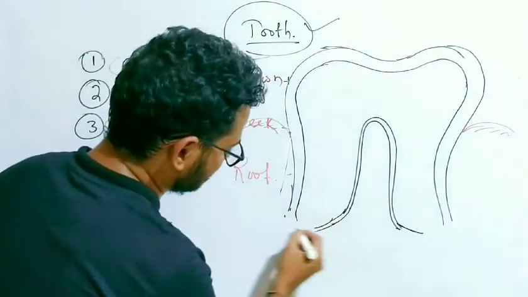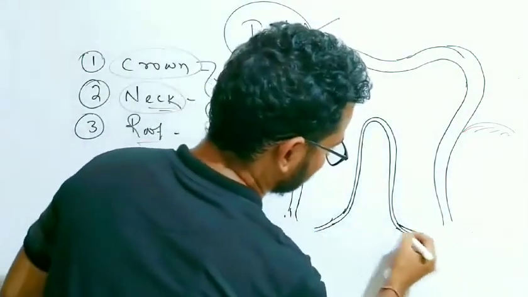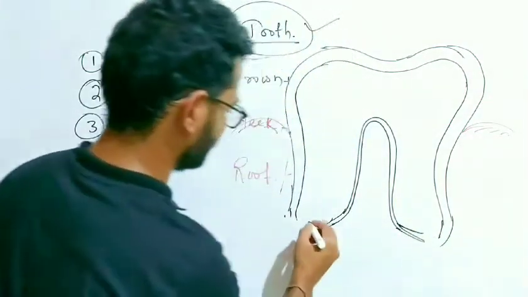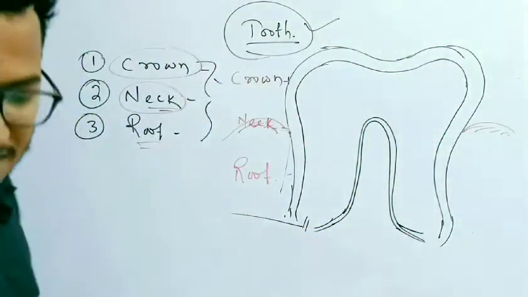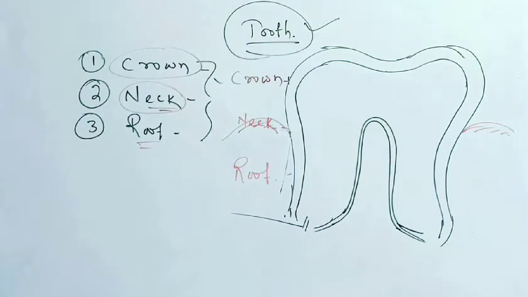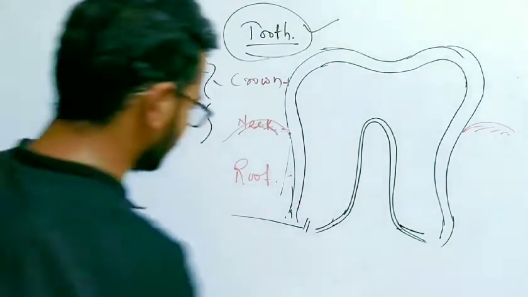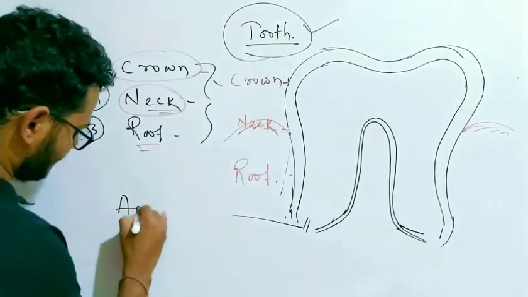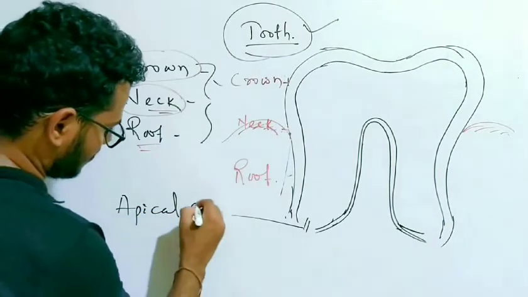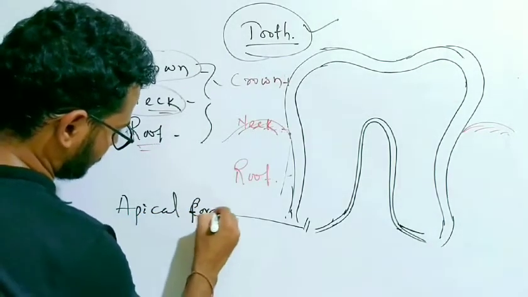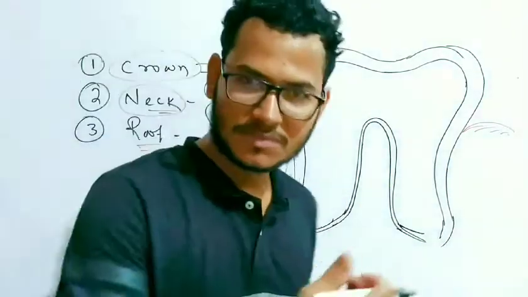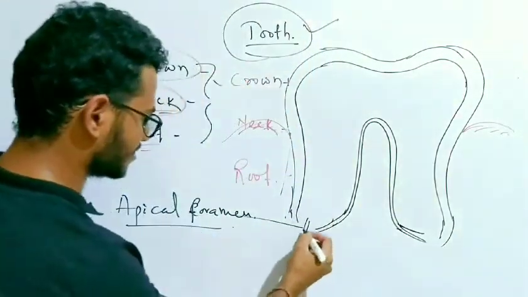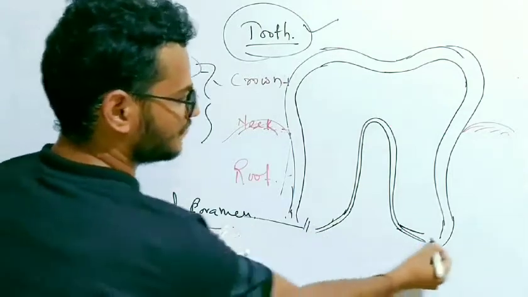Okay, so at the end there is an aperture. This aperture is called the apical foramen. Why? Because it is a type of apex, and here the pore is present.